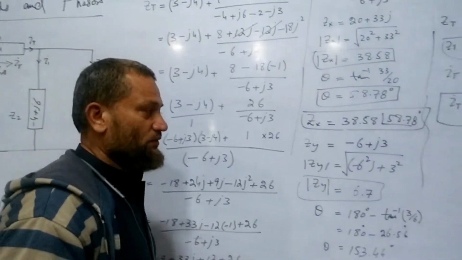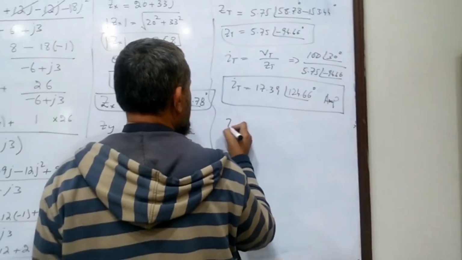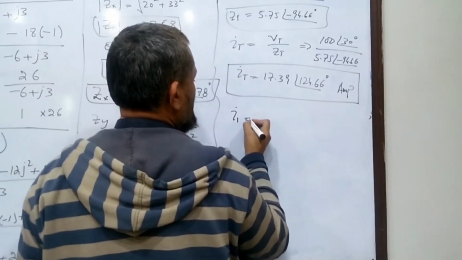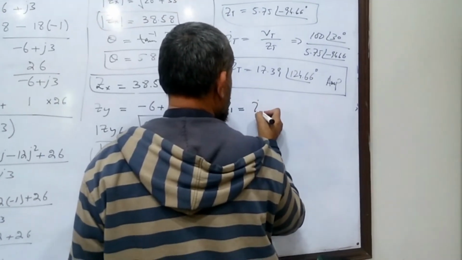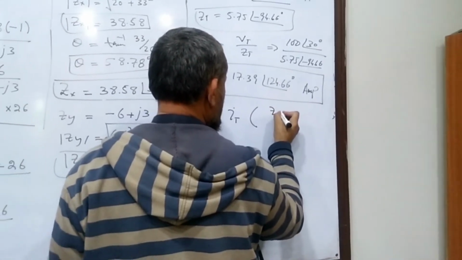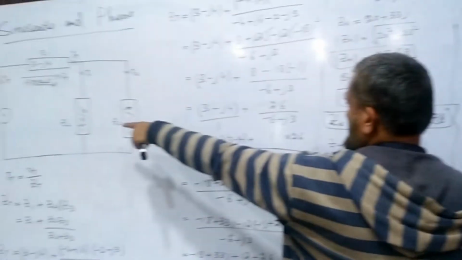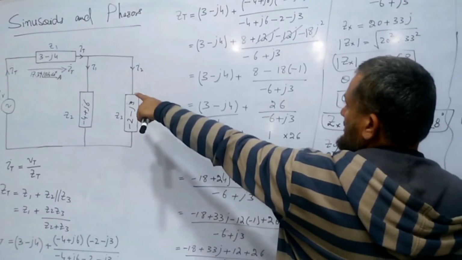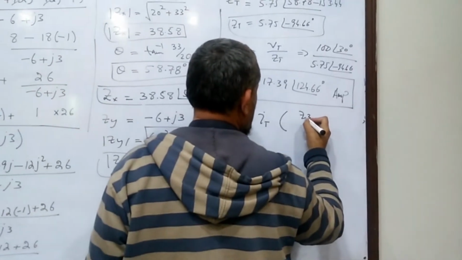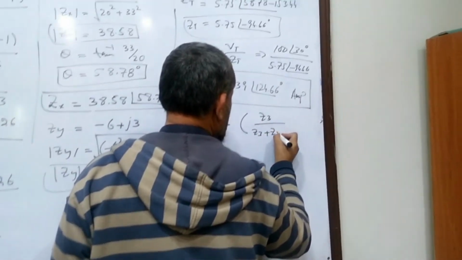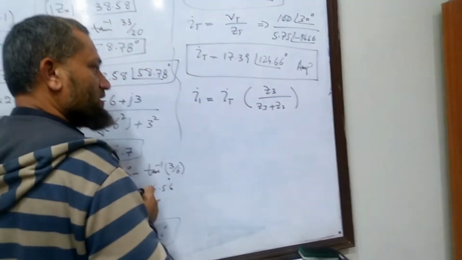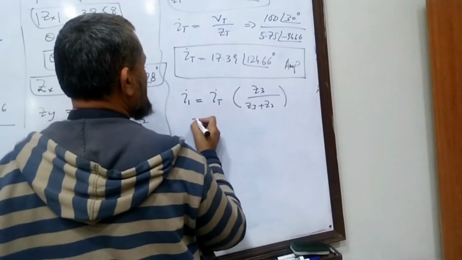So for example, for I1, use the current divider formula: I total times Z2, or here it is Z3, divided by Z3 plus Z2. So how much is I total?